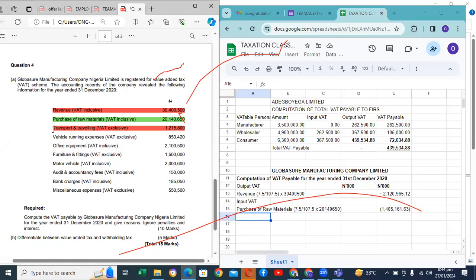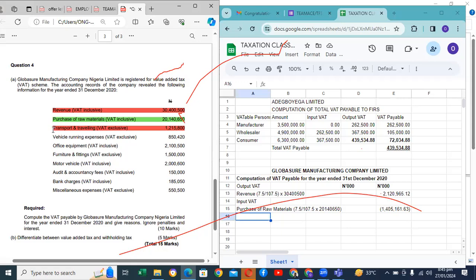No. Bank charges? No. Bank charges like MTN, UBA bank, OPay charges don't form part of sales. Miscellaneous expenses, does it form part of sales?